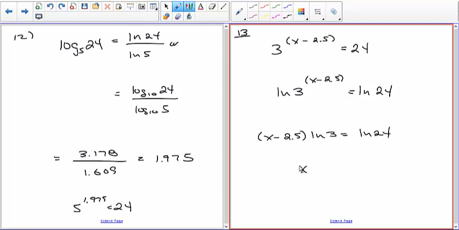So we get x minus 2.5 is equal to the natural log of 24 divided by the natural log of 3. So let's go ahead and calculate that. And that comes out to be 2.893. And if you add 2.5 to both sides, so you take 2.8 something, add 2.5, you get 5.393.